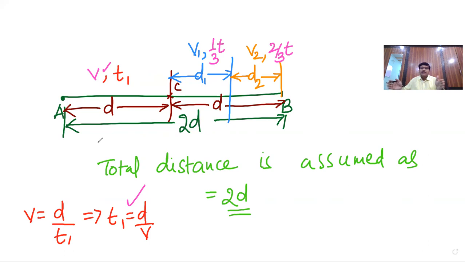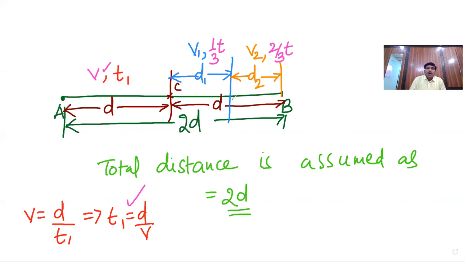T is assumed to be the total time for coverage, v1 is the speed in the first d1 coverage, 1/3 time, and v2 is the speed in the d2 coverage, 2/3 time.